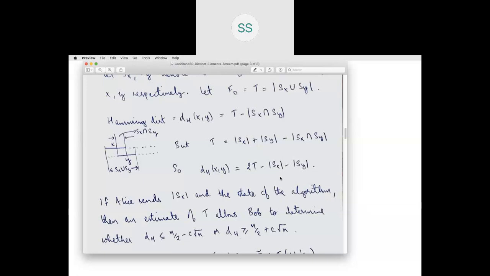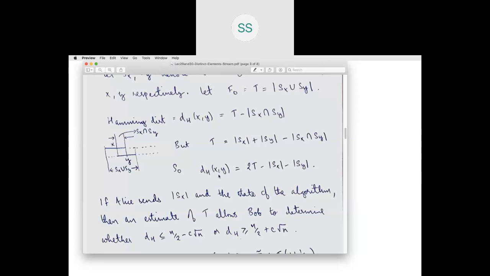In addition to the state of the algorithm, whatever was stored in her space, she will also send the size of her input. Then Bob can do whatever calculation and arrive at a possible estimate of the Hamming distance.